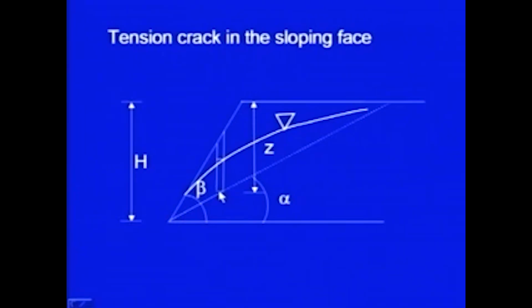At this particular point, the pressure, this one, gamma W into Z W, will be the same for the wall of the tension crack and for the fracture plane, the same value will be taken, and then from here to here you can take the triangular variation for the stability analysis.